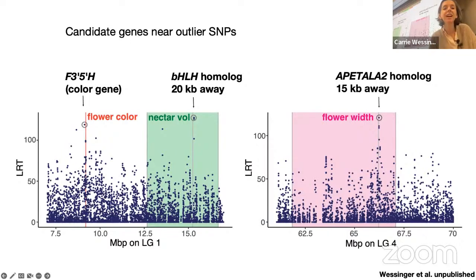And then for the flower width locus, we see strongly associated SNPs are right next to an APETALA2 homolog. And this transcription factor has known effects on flower shape, so it's a really good candidate for us as well.